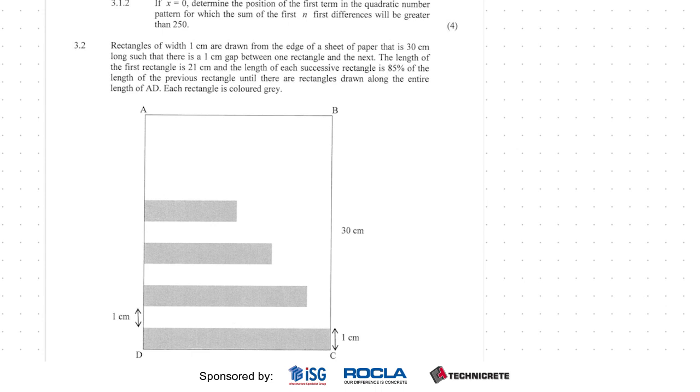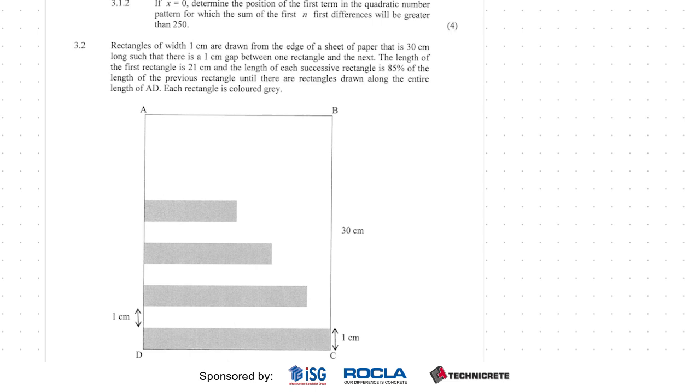Rectangles of width 1 centimeter are drawn from the edge of a sheet of paper that is 30 centimeters long, such that there is a 1 centimeter gap between one rectangle and the next. They give us a diagram at least, so it's easy to understand what they mean.